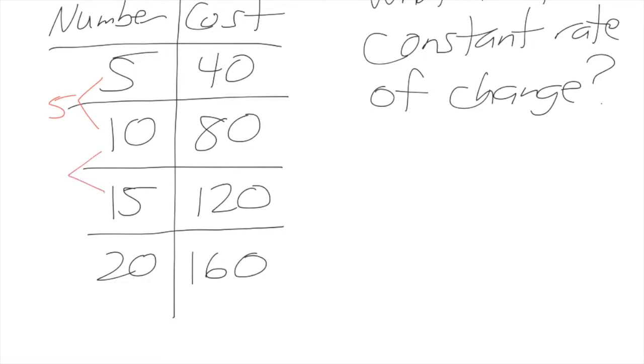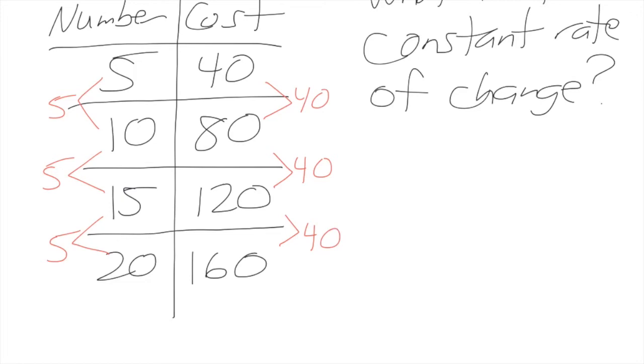From 10 to 15 is a 5 change. And from 15 to 20 is a 5 change. In the money, from 40 to 80 is a $40 change. From 80 to 120 is a $40 change. And from 120 to 160 is a $40 change.